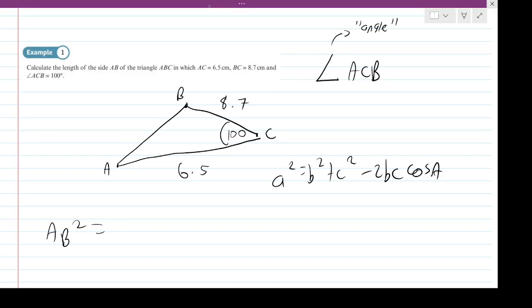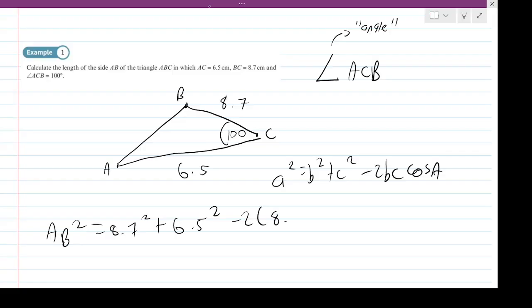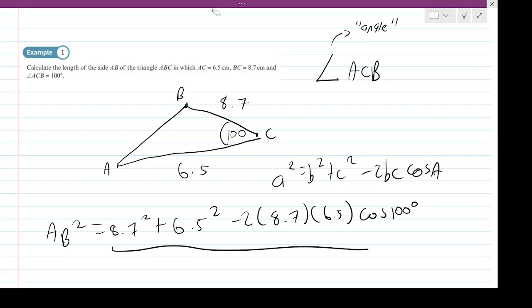Then b squared is one of the sides, 8.7 squared, and c squared, the other side, is 6.5 squared. Then we take away 2 times 8.7 times 6.5 times the cosine of the angle, 100. And so we're just putting that in the calculator.